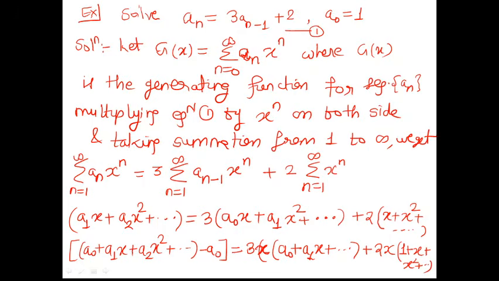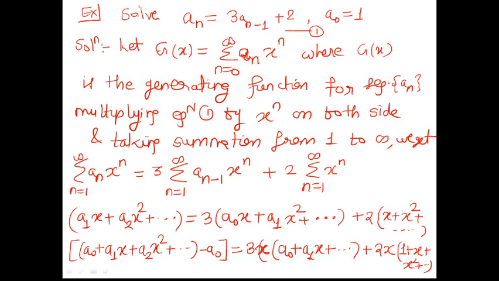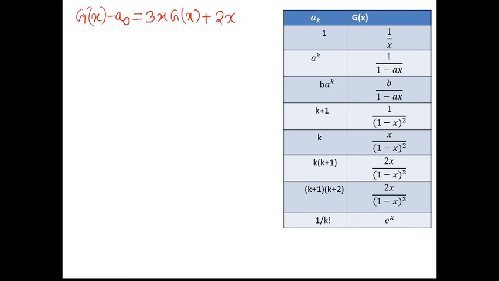we have here g of x minus a0 equal to, what do we have? 3x into g of x plus 2 times x, which we have taken common, and the rest of the term is nothing but the geometric series 1 plus x plus x square.